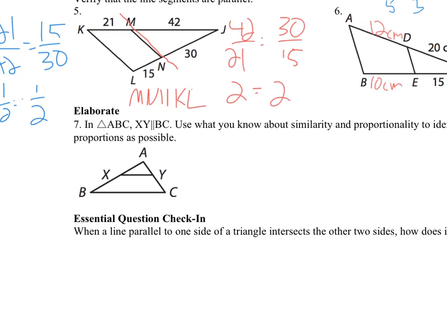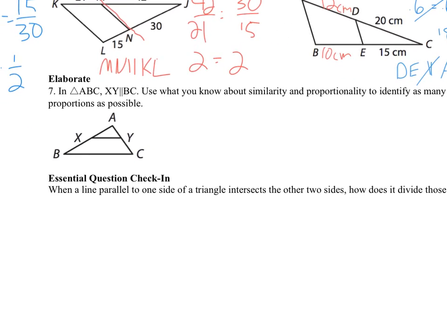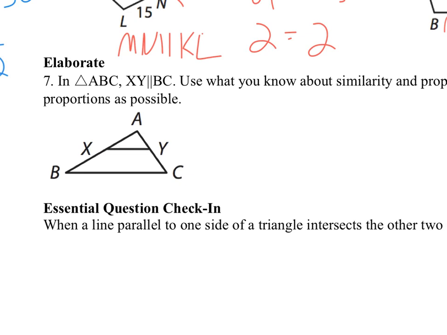All right, number 7. Now that we've done all this, we have several different ways we can write out similarity statements. First one is with triangles. So that's what we've done so far. So I have my small triangle and then our bigger triangle. So I'm going to write those proportions out. So we have AX would be over what?